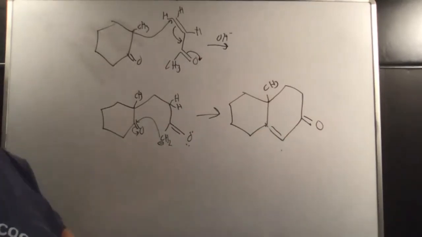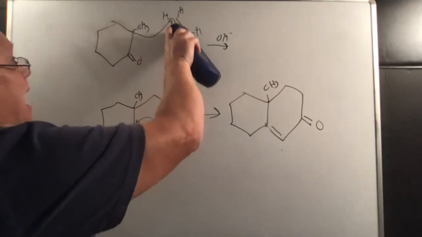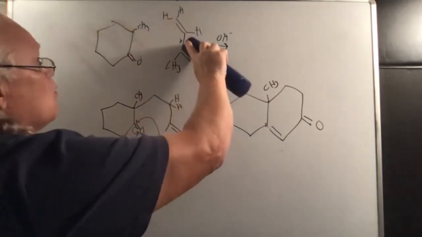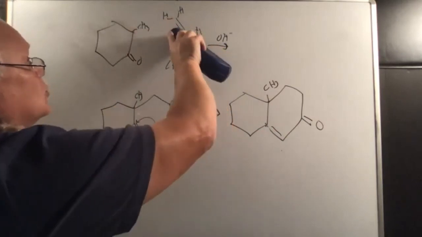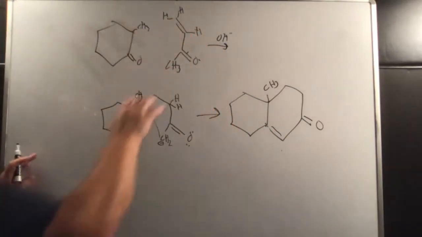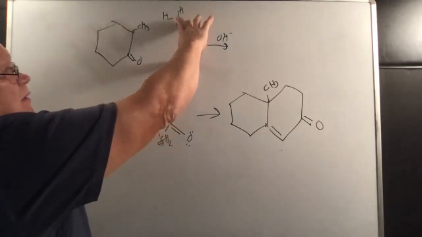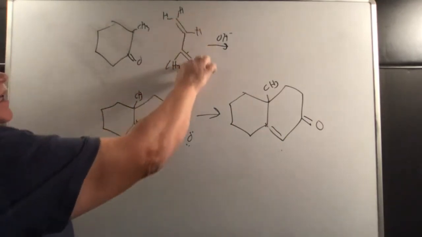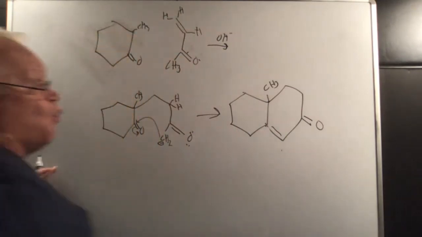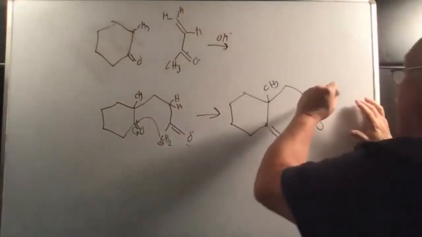Now, going back to the original compound, let me go back to the original compound now. So here was what the original compound looks like. Notice we have a conjugated ketone reacting with a ketone. What do I get out of this reaction?